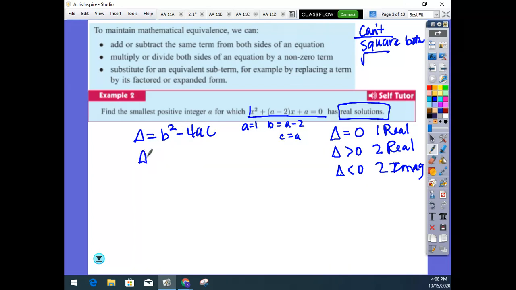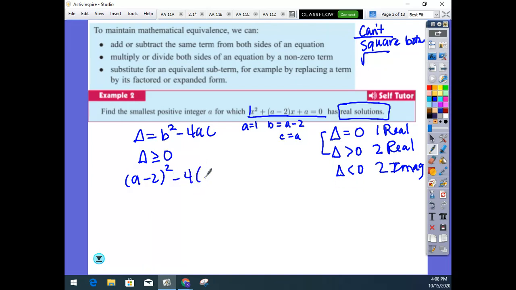And I'm going to set my discriminant greater than or equal to 0, because it could be one solution or it could be two real solutions. Either way, it's going to be real. All right, so my B is a minus 2 squared minus 4 times A times C. Lots of ABCs here, sorry about that. I want this to be greater than or equal to 0.